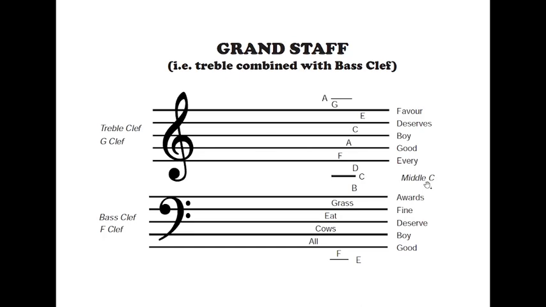So now you can see the grand staff the way it is so far. From here, G, A, B, C, D, E, F, G, A, B, C, D, E, F, G, A, B, C, D, E, F, G. G is already here above the stave.